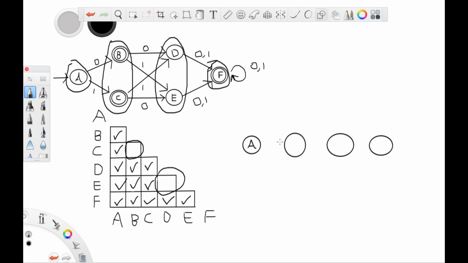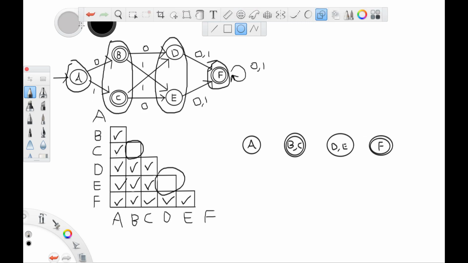So A, B, comma, C, D, comma, E, and F. Now what do we need to make sure? Well, we need to make sure that BC and F are final states, because F is a final state and B and C are both final states.